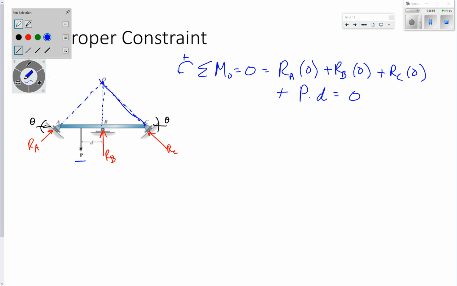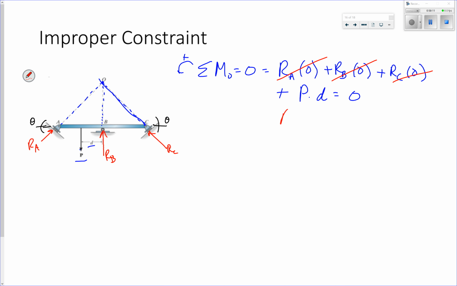P times D. If I cross those out, I end up with P times D equals 0. The only way that works is if there's no force. Well, what good's a structure if you can't apply a force to it, right?